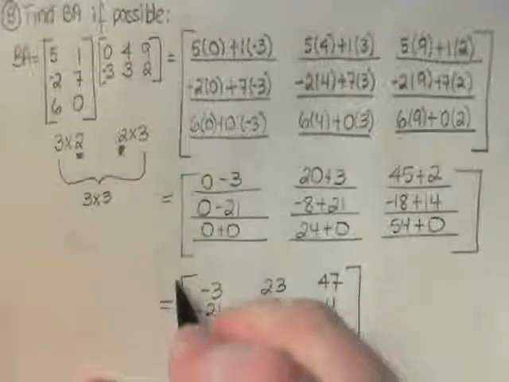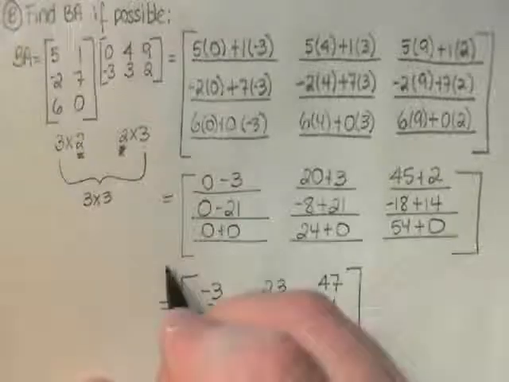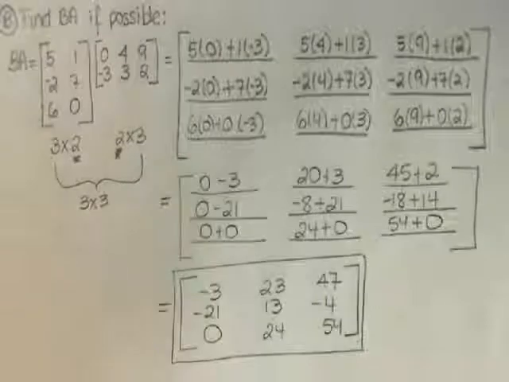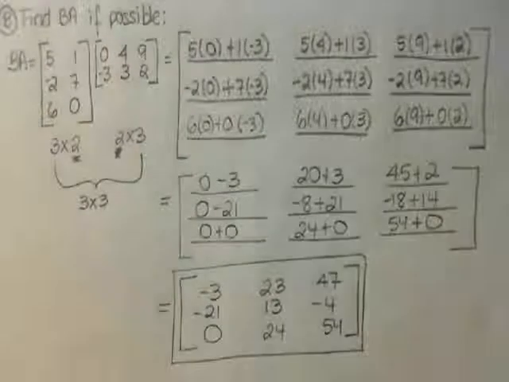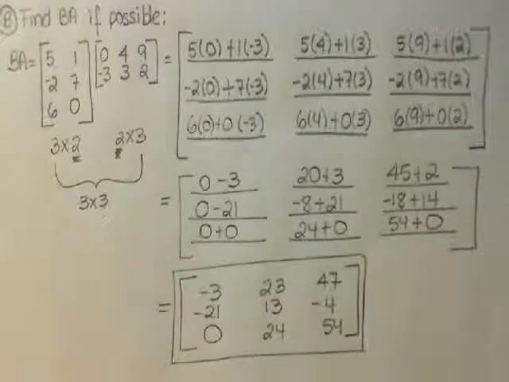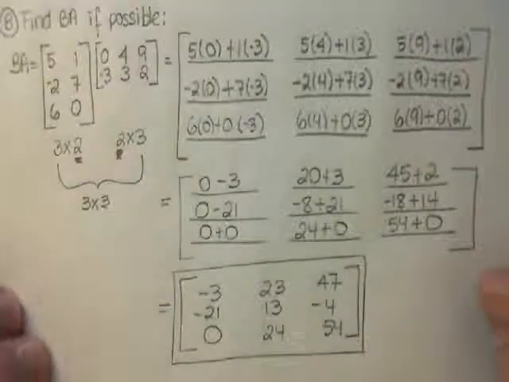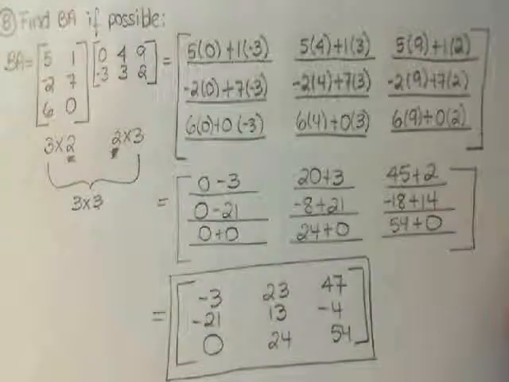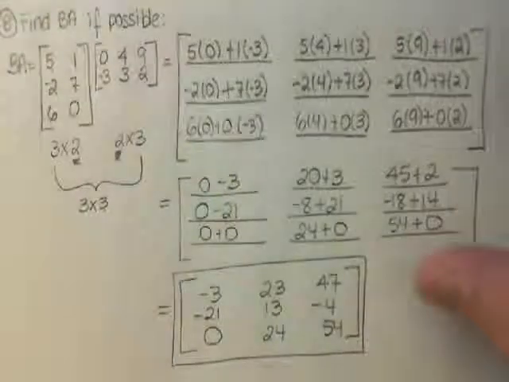So that is our answer. And if you notice, this is a 3 by 3 matrix, just like we predicted. Okay, so go ahead, you can stop the video to take a closer look at this problem, or just keep watching because we're going to do the last example of today.